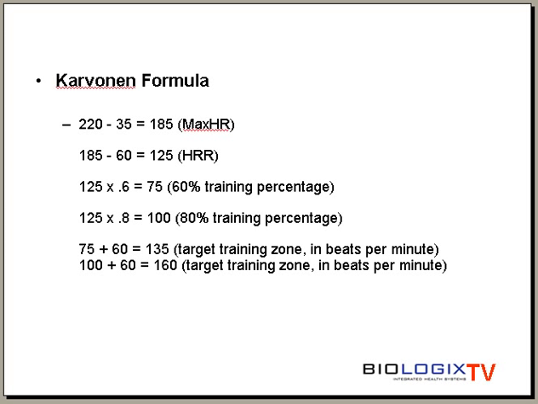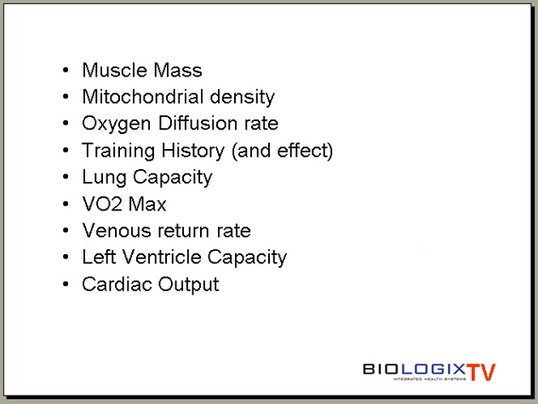Well, what are the factors that could influence change for all 35-year-olds? What about muscle mass and the amount of mitochondria in the skeletal muscle acting to produce ATP? What about the ability to diffuse oxygen across the cellular membrane and its pathway to uptake, much of which could be based upon your training history?